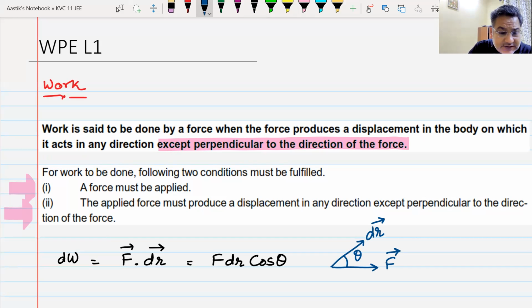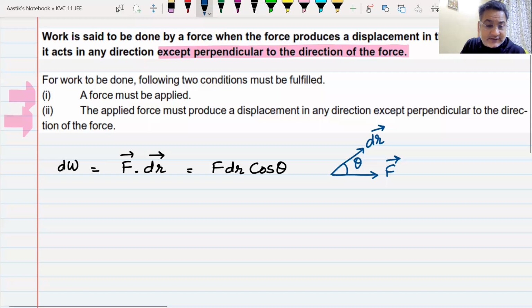That is how work done is defined in physics. Now, this is the small work.